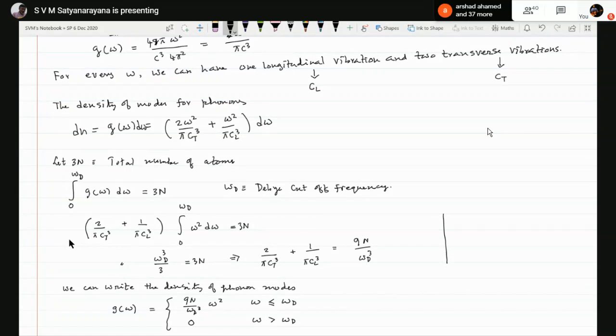If you want to plot ω versus g(ω), you see that you have a quadratic dependence. It goes like this, and then it just becomes 0 after. So this is the Debye density of states.